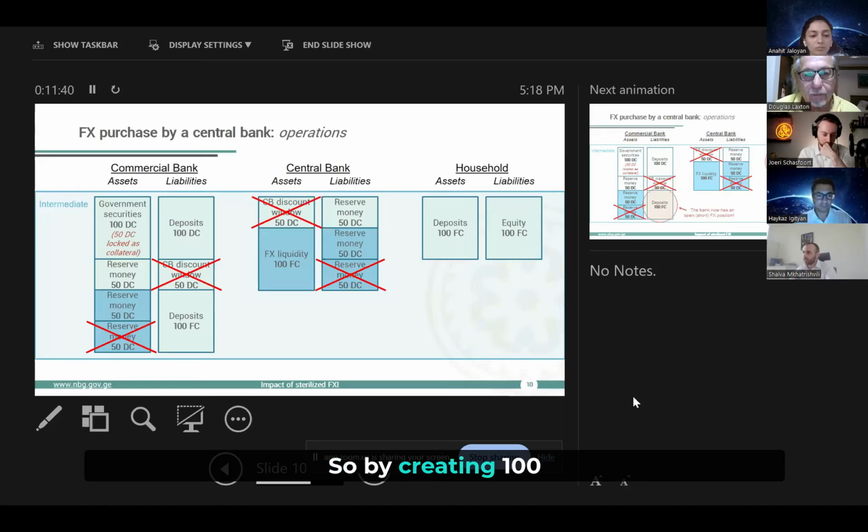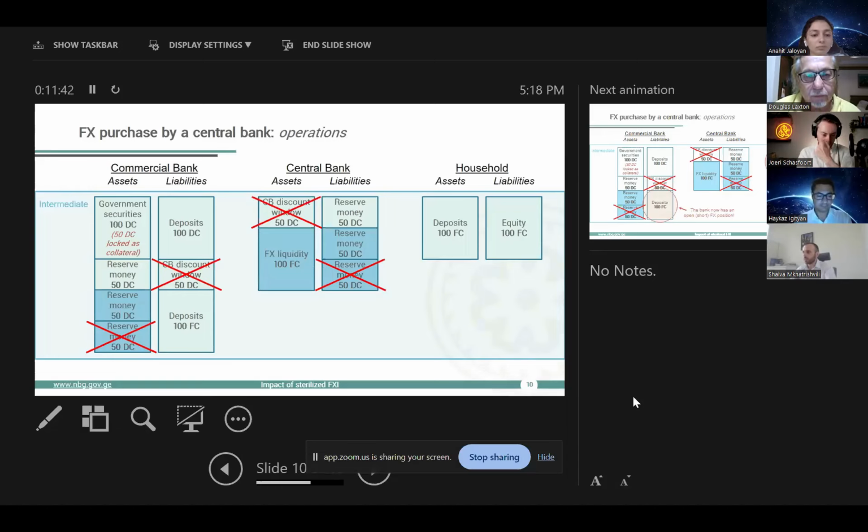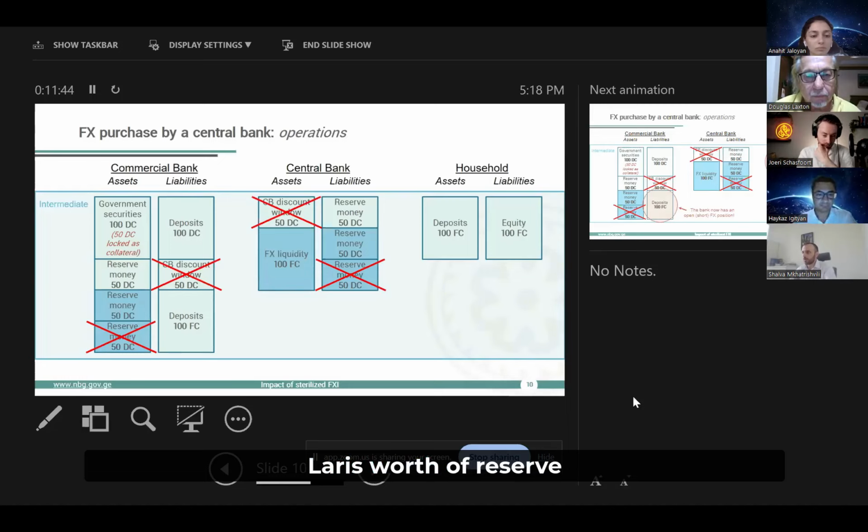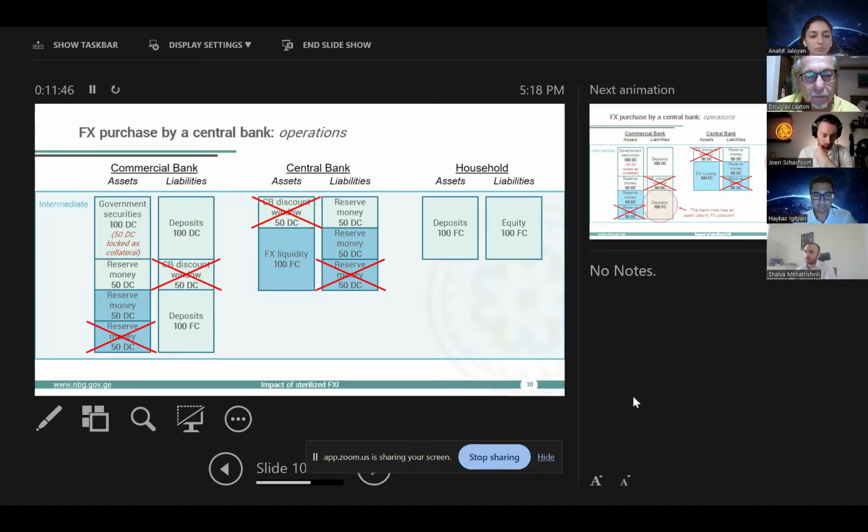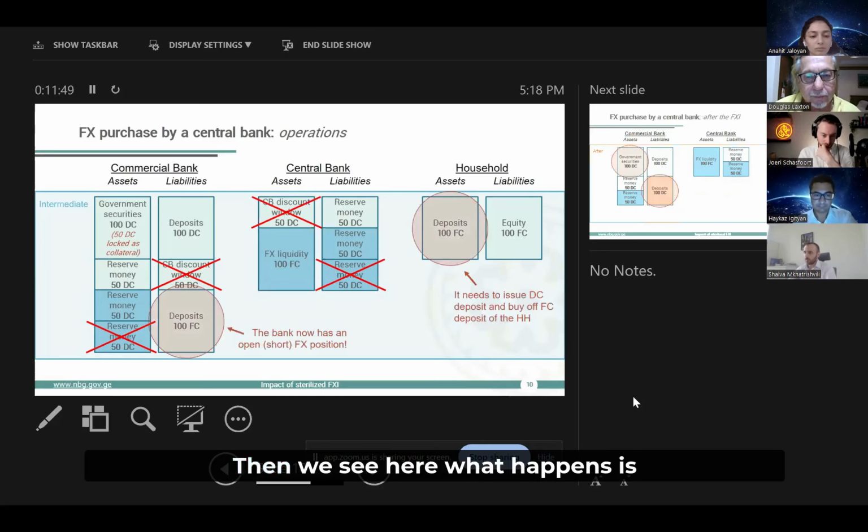So by creating 100 laris worth of reserve balances, we see here what happens is that for the commercial bank, an FX position opens up. Why? Because the commercial bank on the liability side still has the same amount of lari deposits and, more importantly, the same amount of dollar deposits.